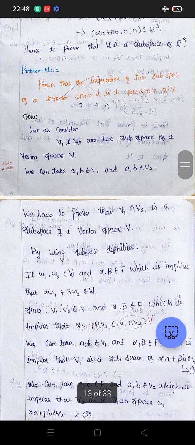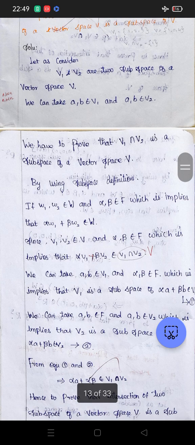let us consider V1 and V2 are two subspaces of the vector space V. We can take a comma b belongs to V1 and a comma b belongs to V2.